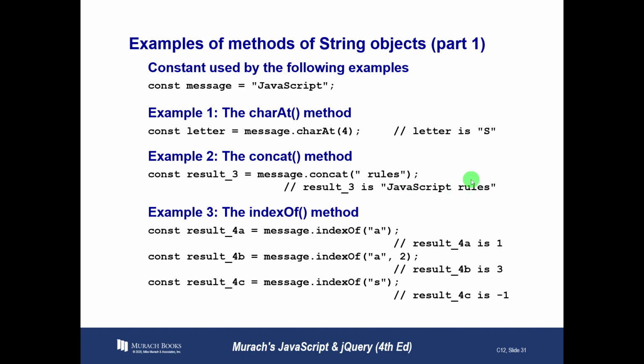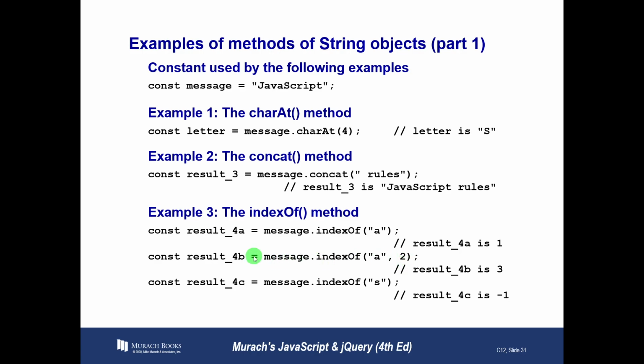The index of function: say we want to find the index of A. It's going to start searching through here till it finds an A, and position 0 is the J, and A is 1. So the result we would get here is 1. However, if you remember index of, we had that optional option of using a comma and telling it where to start searching.